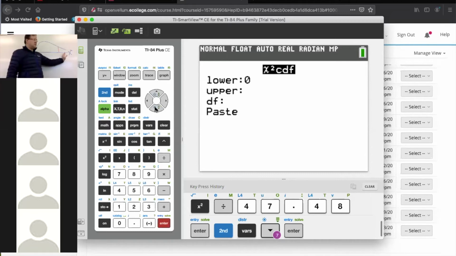If you're over here, you're going to reject the null hypothesis. In other words, you're going to conclude that the variables are dependent. If the test statistic is over here, that would be insufficient evidence against the null hypothesis. You're going to fail to reject the null hypothesis.